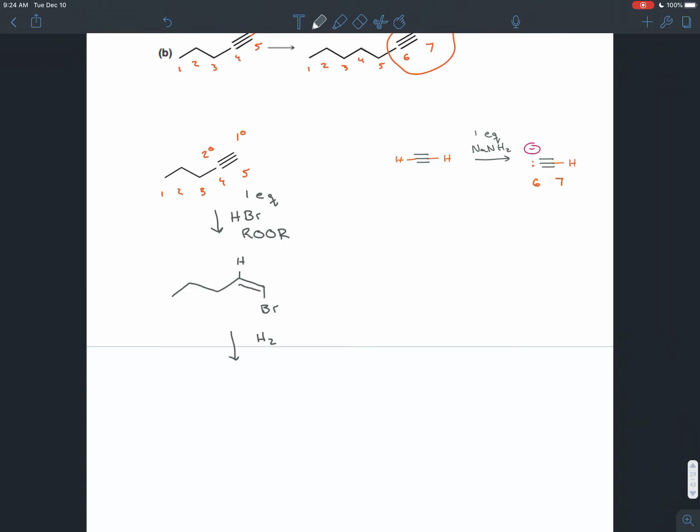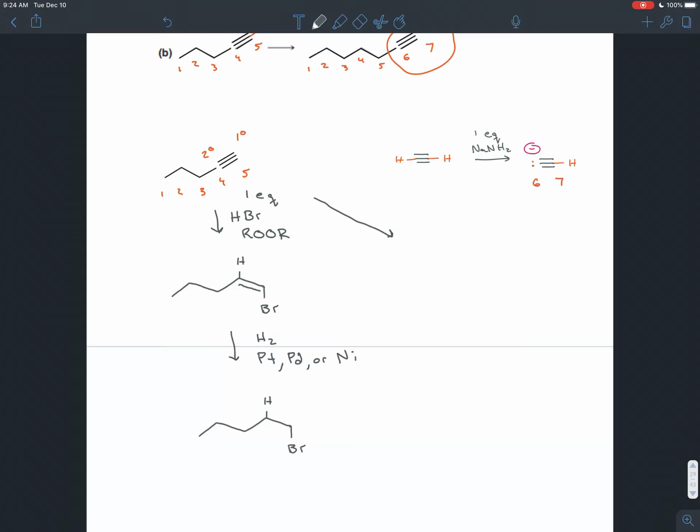You could just bubble H2 gas with platinum, palladium, or nickel, and that would give us something useful, an alkyl halide. So that's one possibility. Or you could do it in reverse. You could do the hydrogenation first.